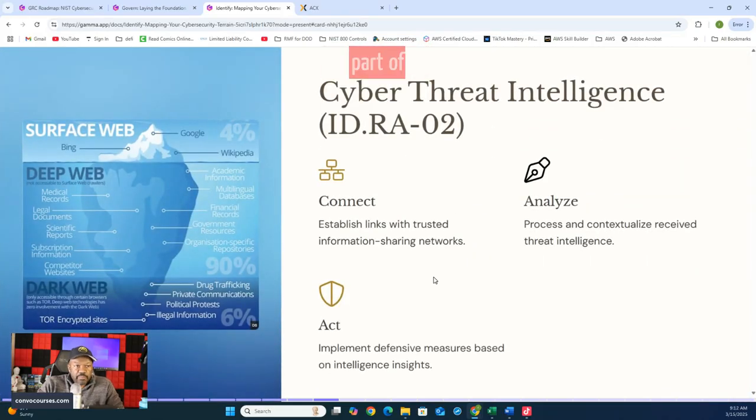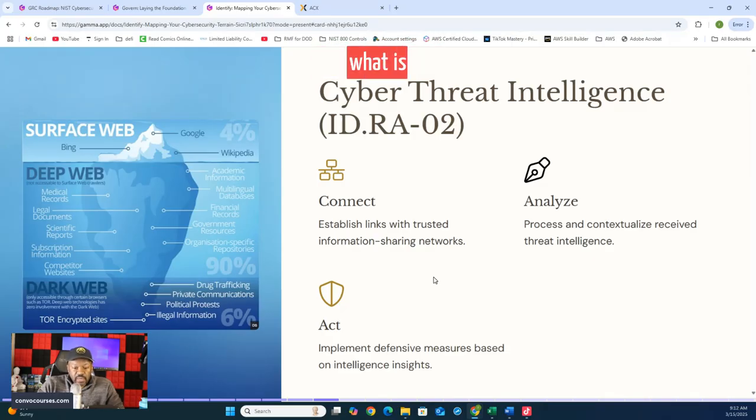Another huge part of an organization, especially if you have very important information or if you're attacked on a regular basis, organizations like the Department of Defense, federal organizations, intel organizations, not just them though, major players in any market, if it's healthcare, if it's manufacturing, is cyber threat intelligence, which has become more and more important.